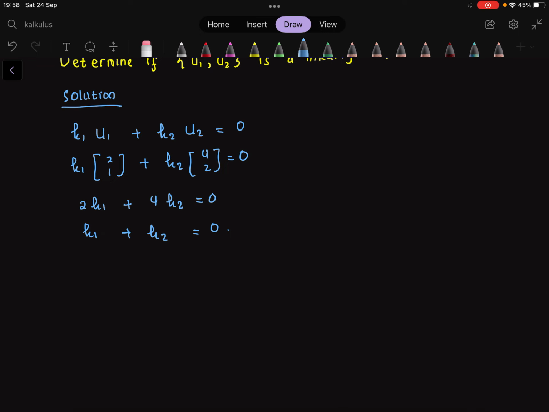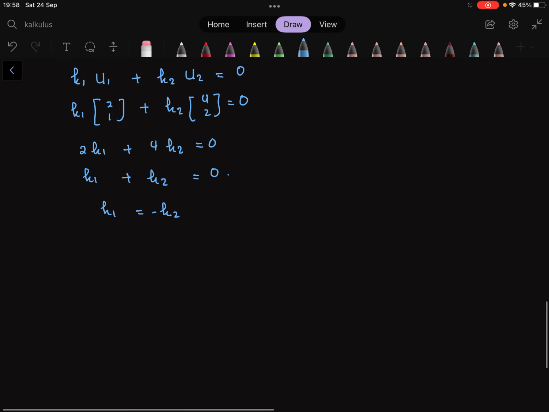Maybe we can eliminate, or we can set k1 equal to minus k2, for example.